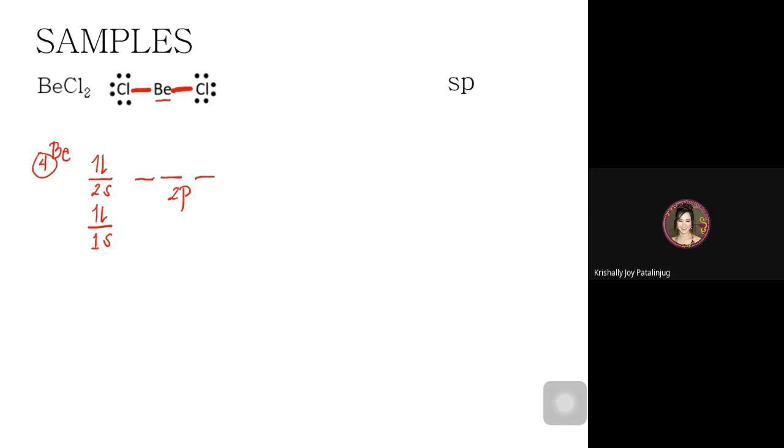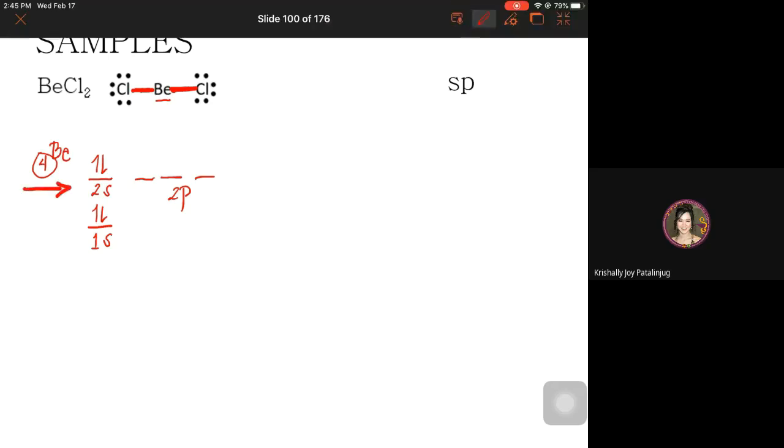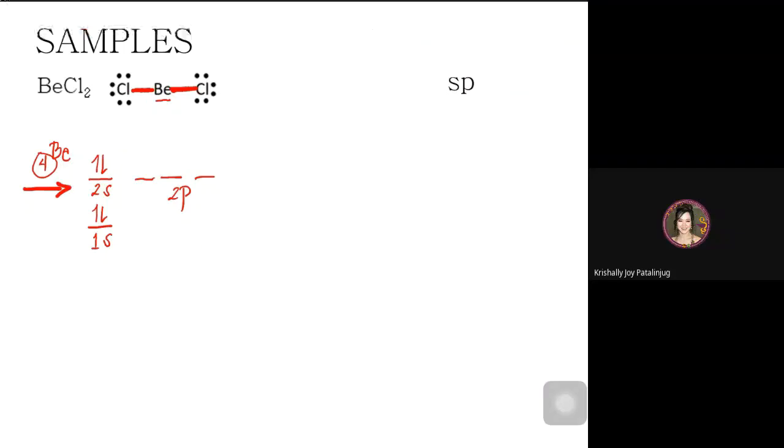So, hybridization tayo. Okay? So, beryllium, since in this molecule, dalawa yung nabuo niyang covalent bond, kailangan natin ng dalawang half-filled orbital. Magsisimula yung hybridization ulit sa highest energy level, or the outermost shell.